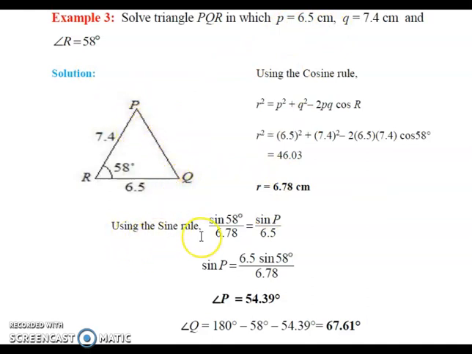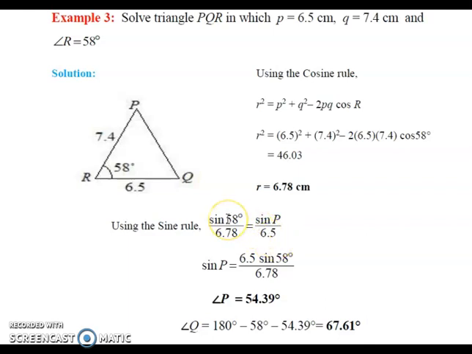For this, we use the sine rule. Sine r divided by small r is equal to sine P divided by small p. Sine 58 degrees divided by small r, that means side 6.78, is equal to sine P divided by 6.5.